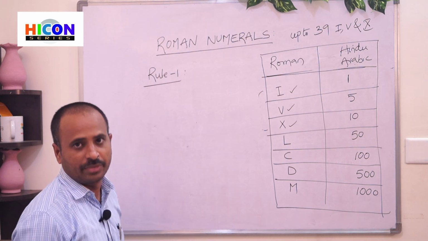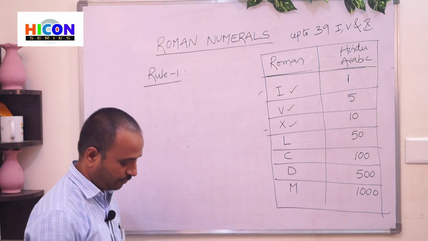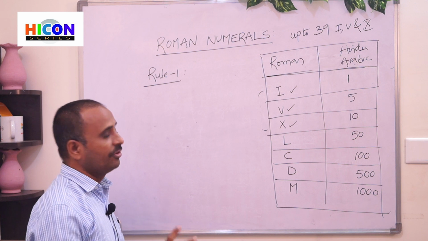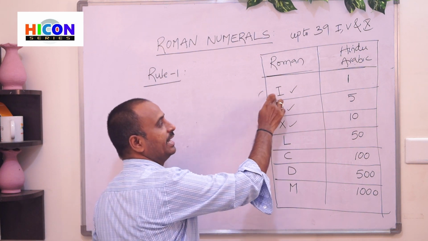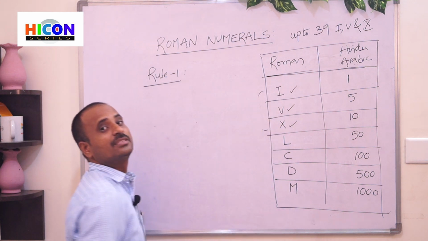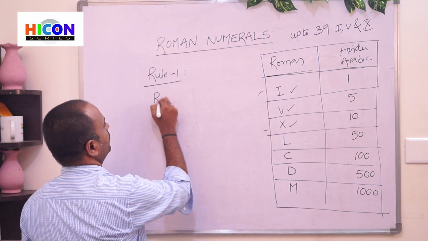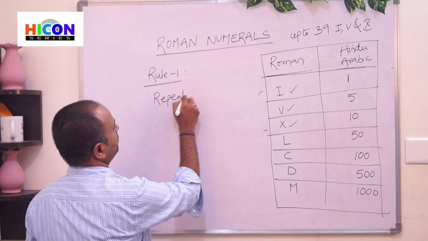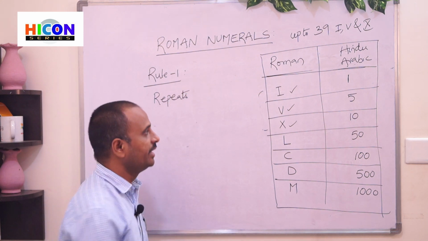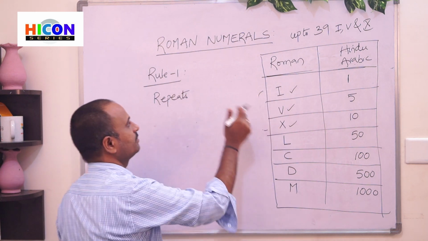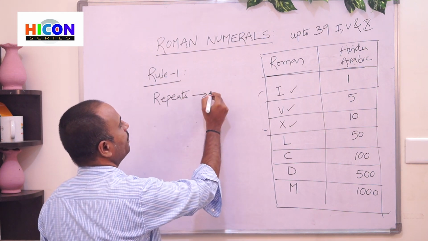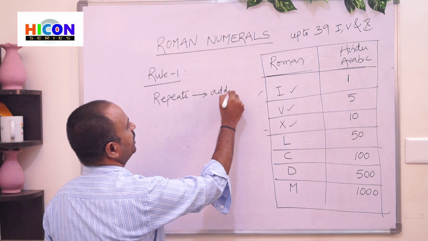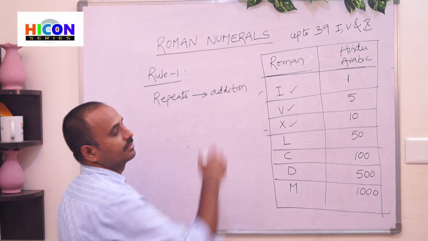So rule number 1 is, if we repeat any symbol, that means addition. So if we repeat any symbol in these Roman numerals, then we have to make addition.